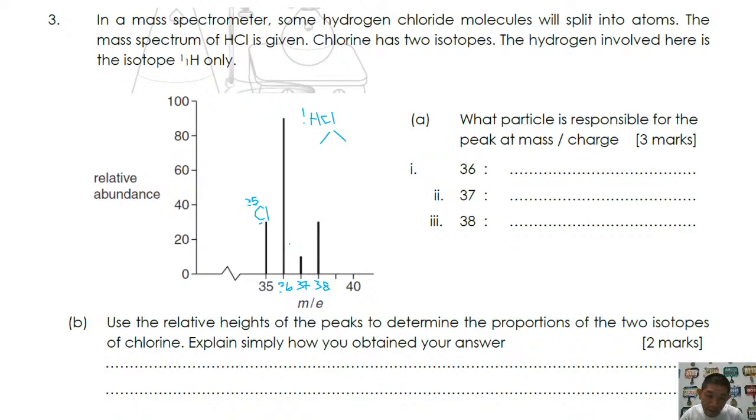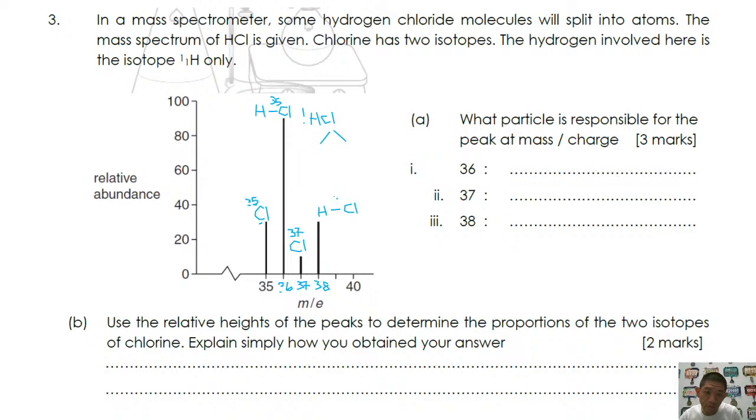Then another one is chlorine 37. As for 36, it's made of what? 36 is definitely made of HCl 35, and 38 is made of HCl 37.